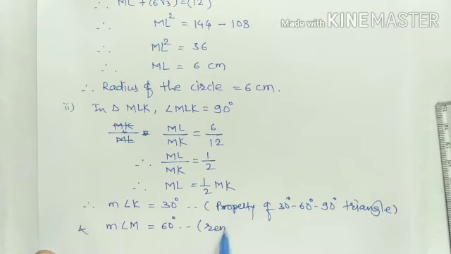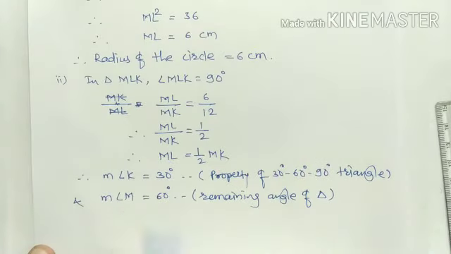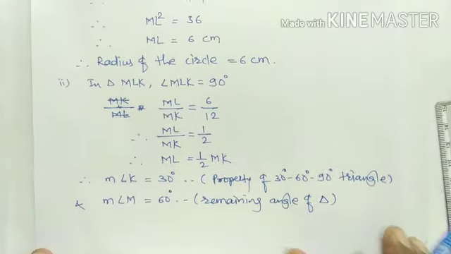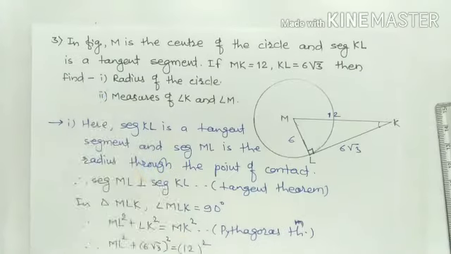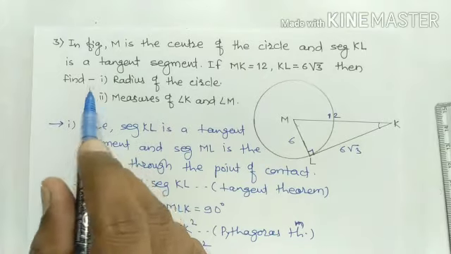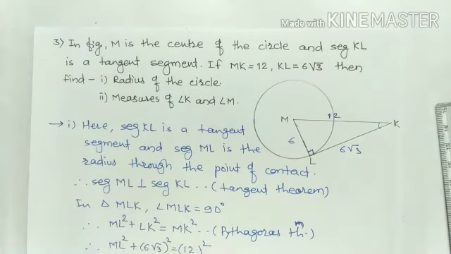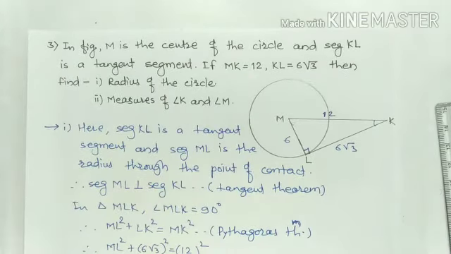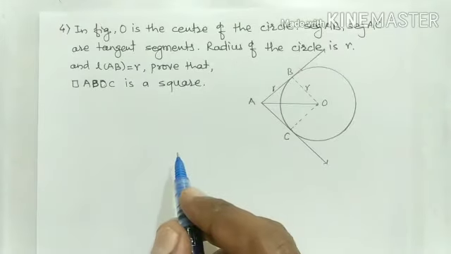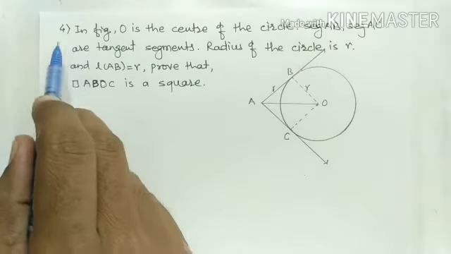This is the remaining angle of triangle, किंवा angles and property of triangle न पण आपल्याला angle M चे measure find करता येतं. Here in this way we find the answers of both these two sub questions in question number 3. Now the next question is question number 4.